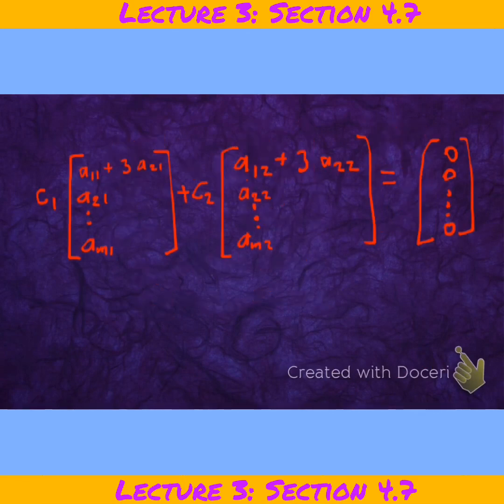Right, so take it separately and replace the first row of each of the column vectors. All right, so from this equation we have that C1 times that plus C2 times that is equal to 0.